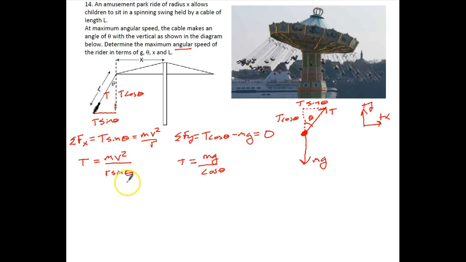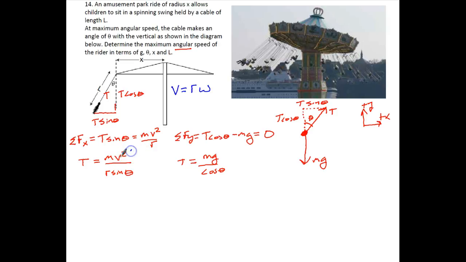If I want to go from one to the other, I know that the velocity is equal to r times the angular speed. So I'm going to need omega squared times r squared.